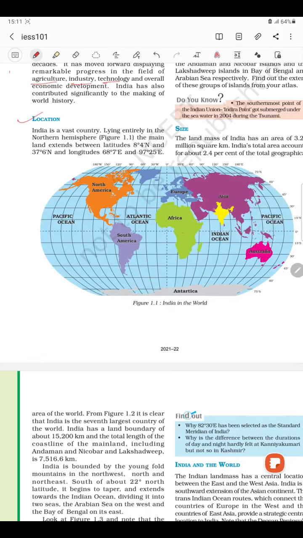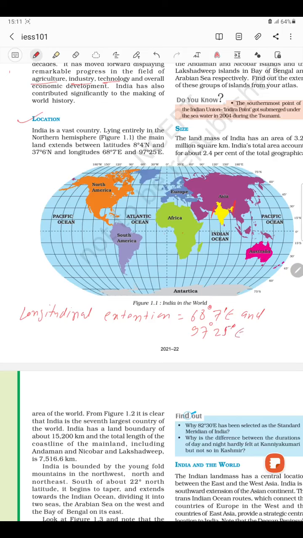Longitudinal extension, that means from here to here. Longitudinal extension of India is 68 degree 7 minute east and 97 degree 25 minute east.